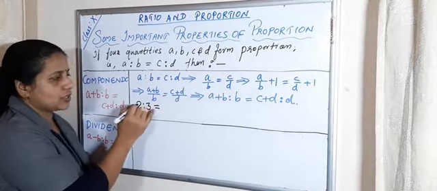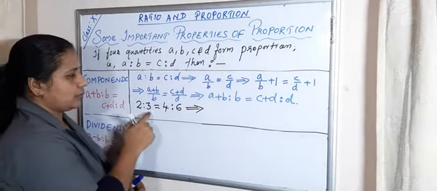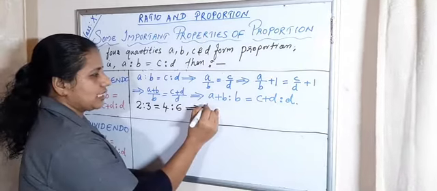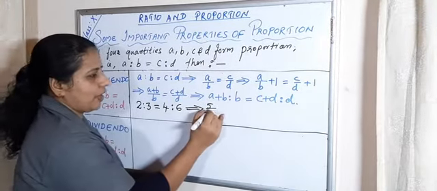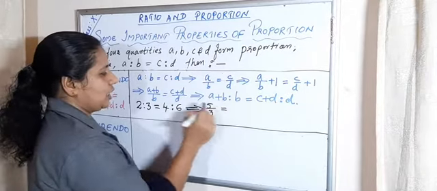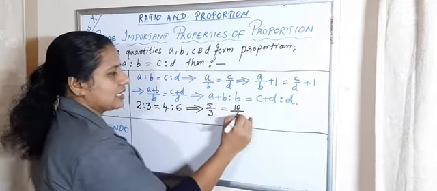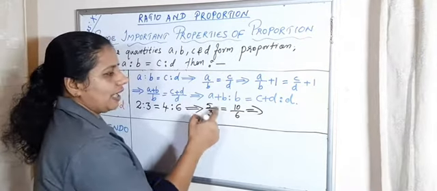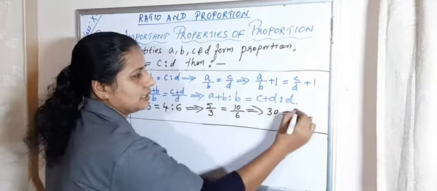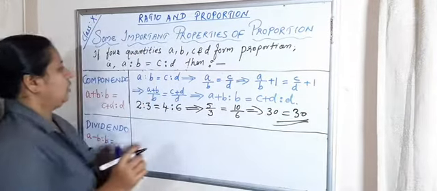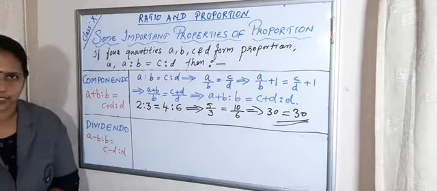Applying componendo here, 2 plus 3 is 5, so 5 by 3 equal to 4 plus 6, 10, by 6. Implies 5 into 6 is 30 equal to 3 into 10 is 30. So this is the third property, componendo.